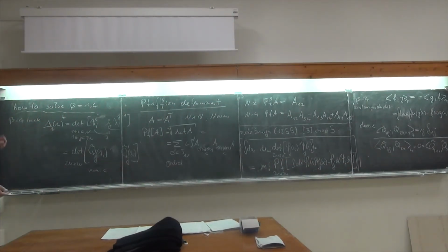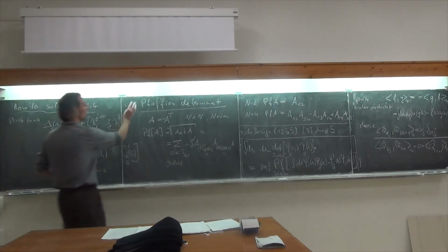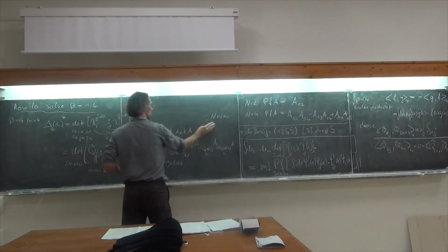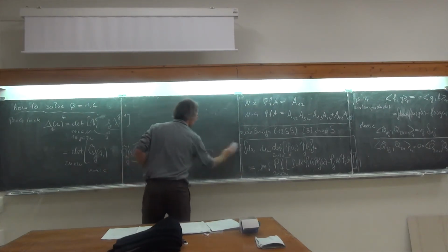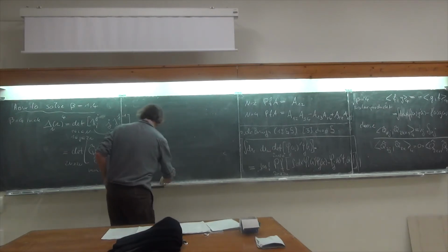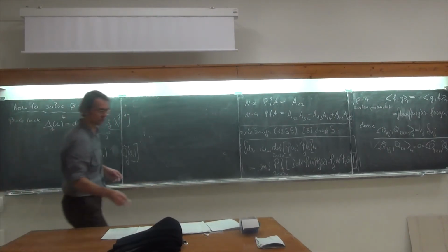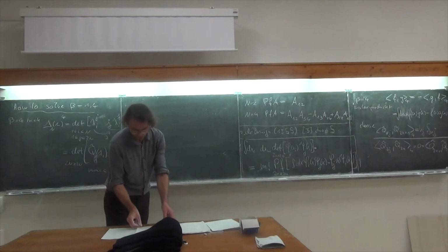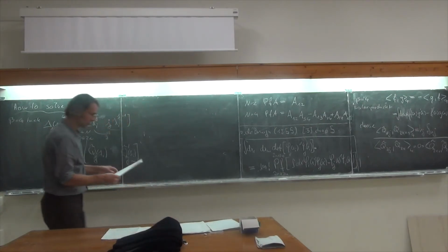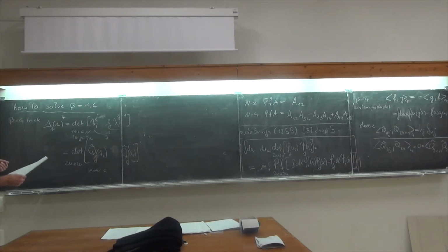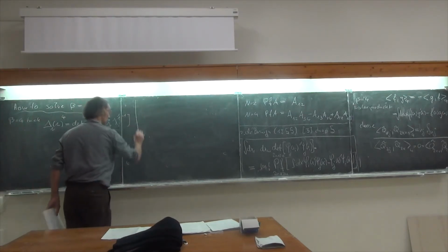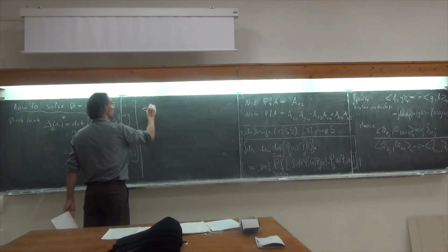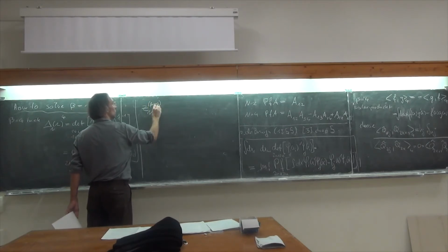So now what we want to do is compute the partition function. I will not do the density correlation functions. For the partition function, there's one way I could do it, but there's also a simpler way. So what was that?